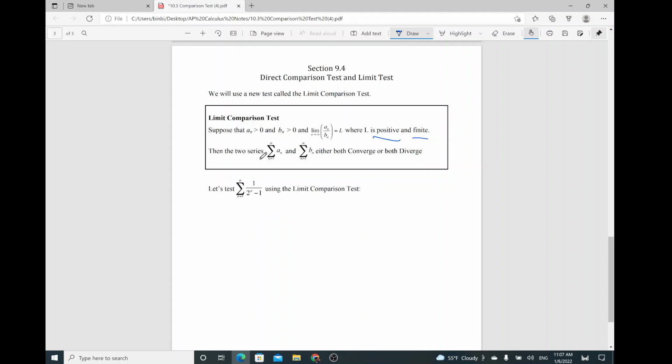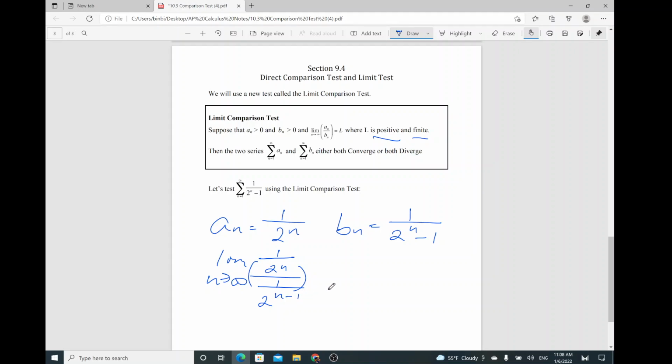Again, for a sub n, we set that as 1 over 2 to the power of n, and for b sub n, we set that as 1 over 2 to the power of n minus 1. Using the limit comparison test, we have the limit as n goes to infinity of a sub n, 1 over 2 to the power of n, all over 1 over 2 to the power of n minus 1.